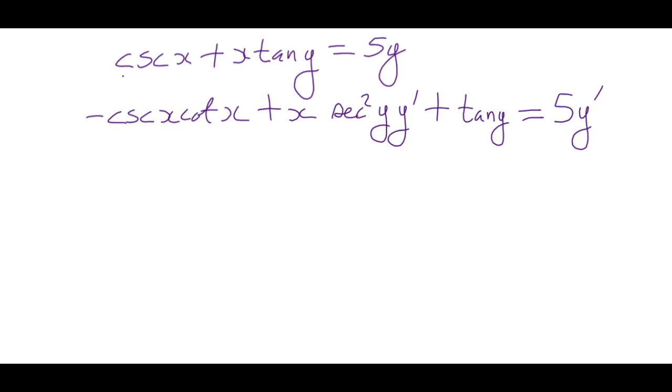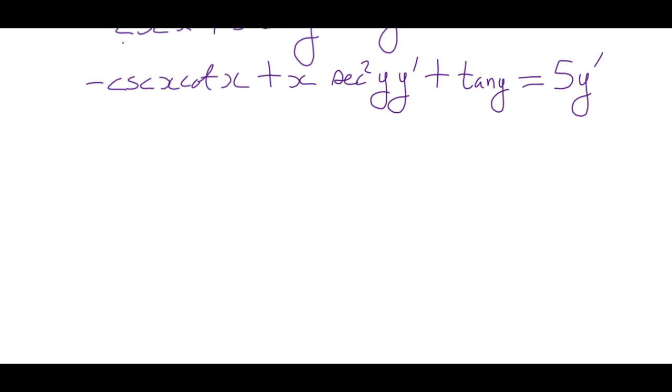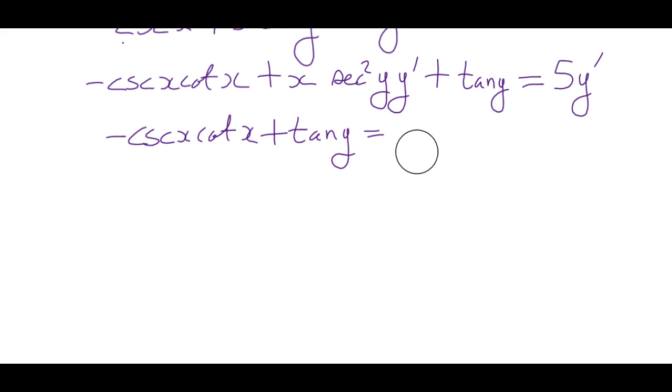Okay, let's get the y prime over here, factor it out, divide and conquer, right? So minus cosecant x cotan x plus tan y is equal to 5y prime. Actually, I'm going to shortcut a smidge there. I could have written 5y prime minus, oh, I forgot the x.